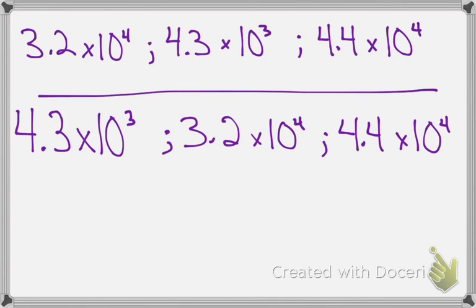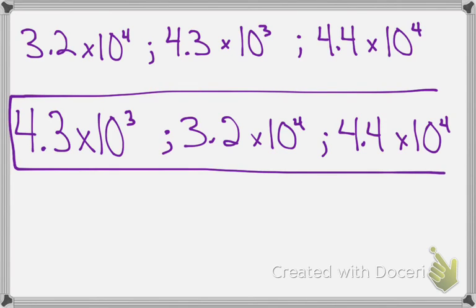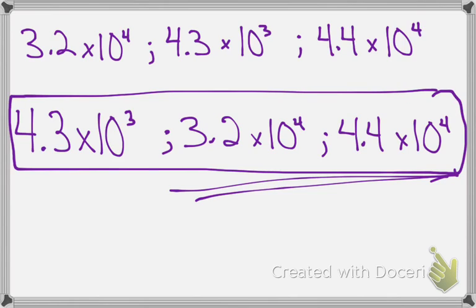Okay? And there we go. All done. Least to greatest. So the exponent 10 to the 3rd, Sarah, is smaller than 10 to the 4th, so it doesn't matter what the decimal value is. And then for these last 2, since it was a tie, I did the smaller decimal value first. If you understand that, that's everything you need to know for Chapter 4 test.